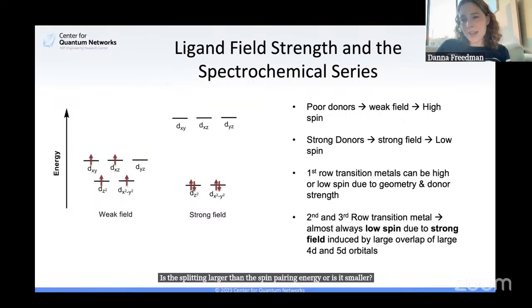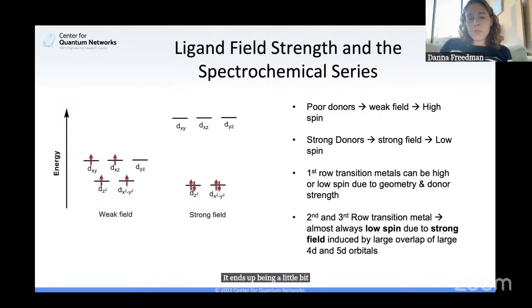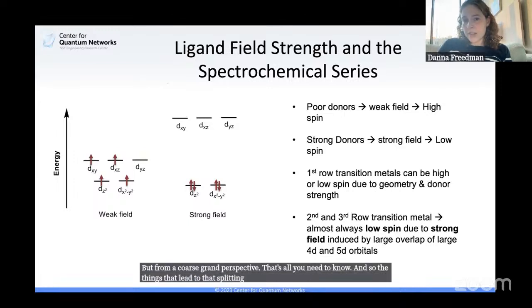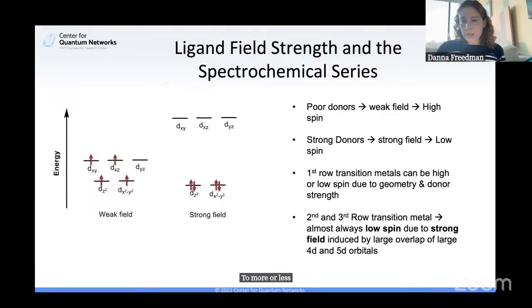It ends up being a little bit more subtle than that, but from a coarse-grained perspective, that's all you need to know. The things that lead to that splitting are exactly the same things that contribute to more or less overlap between your atomic orbitals.